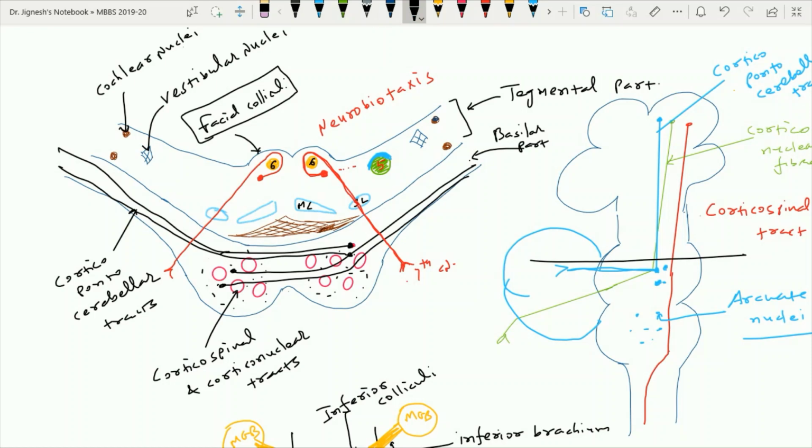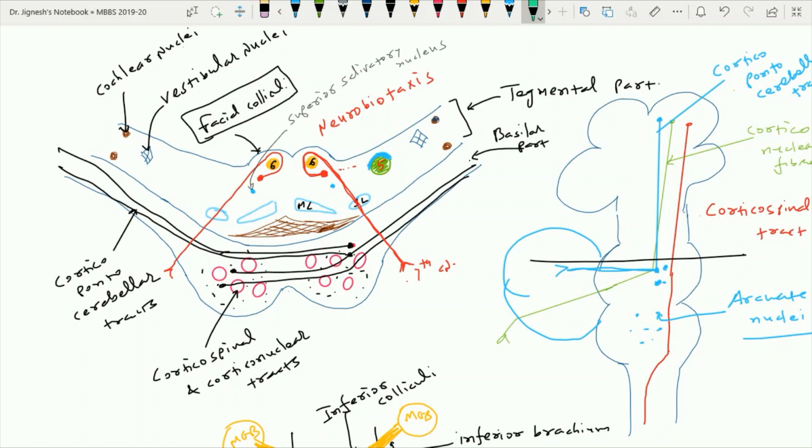So within the section of the lower part of the pons, we can see the sixth, seventh, fifth and eighth cranial nerve nuclei. Along with this, a few other nuclei are also present within this lower part of the pons, and one of them is the small nucleus near the facial nerve, the superior salivatory nucleus.